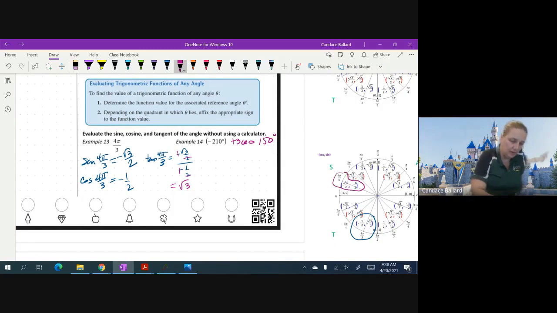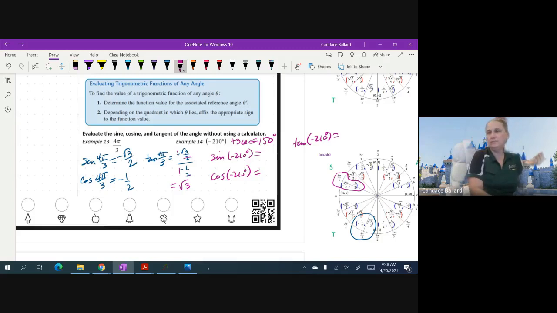Double check, because I didn't have my degrees unit circle. I only got my radians unit circle. So I'm going to write it as the sine of negative 210 and the cosine of negative 210, because that's the proper way to do this, and the tangent of negative 210. But really where I am looking is the coterminal angle at 150 degrees.